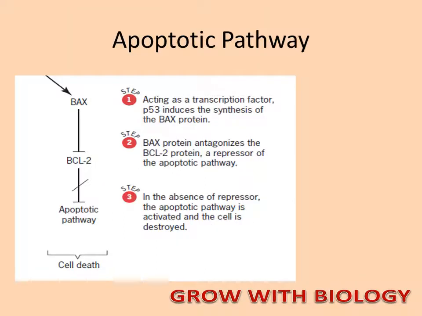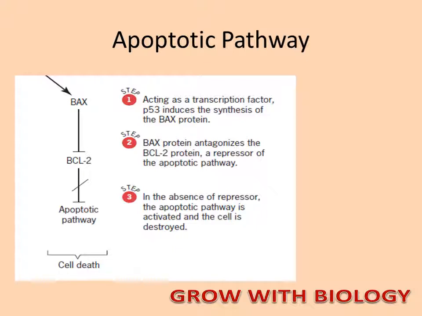Next is the apoptotic pathway. In the apoptotic pathway, a higher level of P53 will induce the synthesis of BAX. So there is a high level of BAX, which will inhibit BCL2, which is the inhibitor of the apoptotic pathway. So in the absence of the repressor, the apoptotic pathway is activated and the cell will be destroyed.